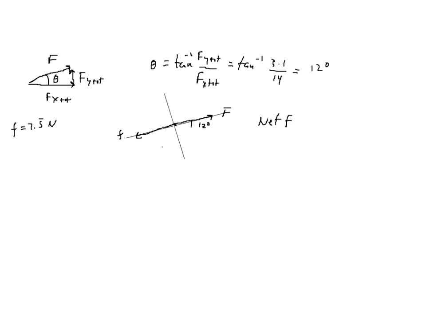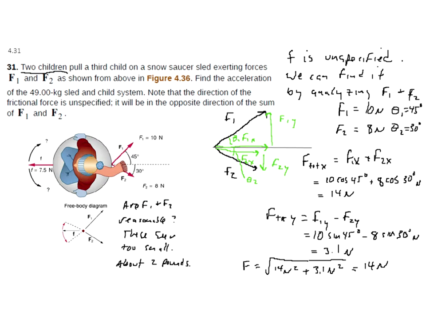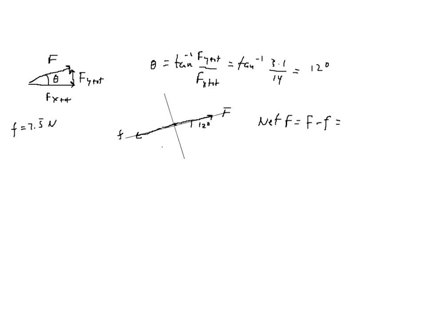So now we can figure out the net force. That's going to be F minus the friction, which is, I already forgot, 14 minus 7.5. That equals 6.5 newtons.